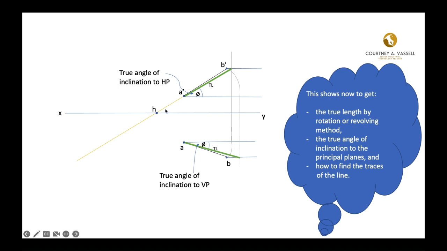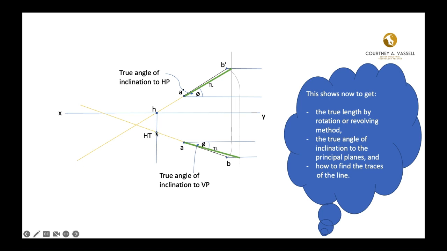Now, after establishing H, wherever H is, we need to construct a perpendicular line from H. Now, the extension of our true length line here will give us a point here, and that now would be the horizontal trace.